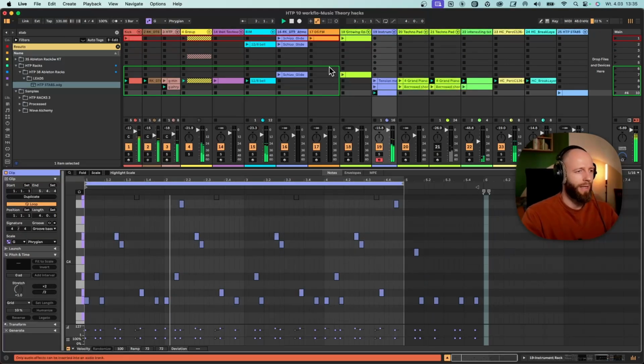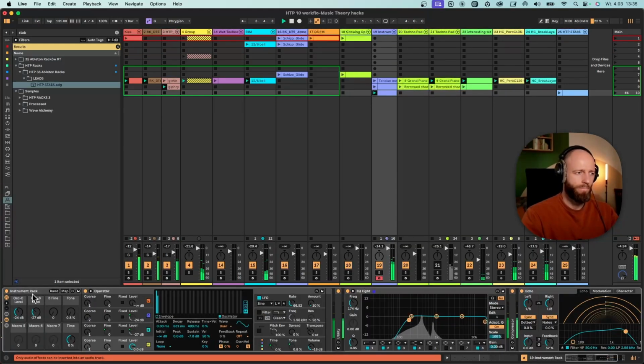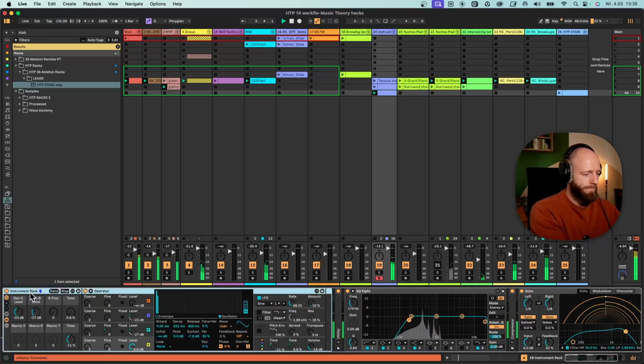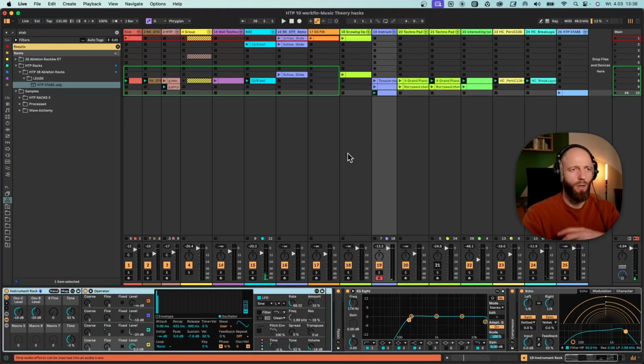So in this instance, with this pattern, I can play a lot of repetitions because the pattern is longer.